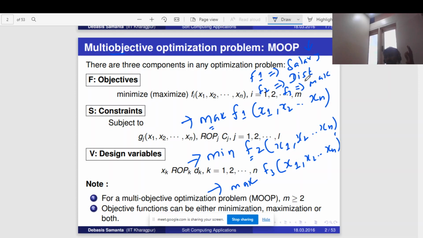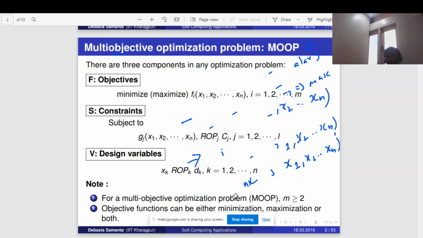Like that, in the real world, anything you see will be a multi-objective optimization problem. There will be several parameters, and at the same time, some of the parameters should be maximized and some should be minimized. So the point is, there will be more than one objective function.